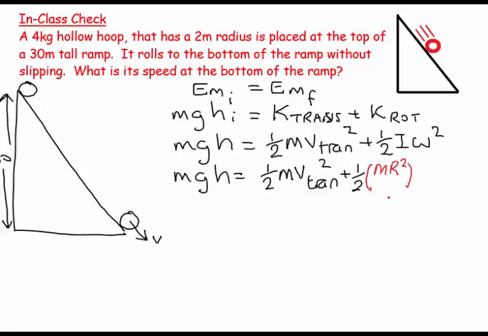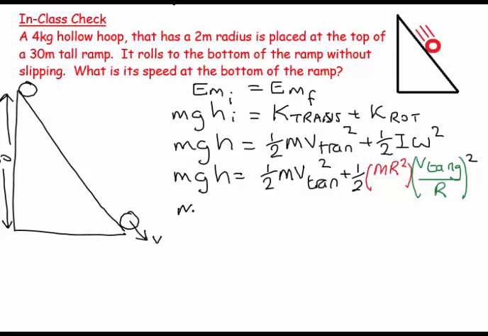We should commit to memory. And then we'd like to express this angular velocity in linear terms. So omega would be v tangential over r, and of course this is squared. So those are the two conversions we need to do.